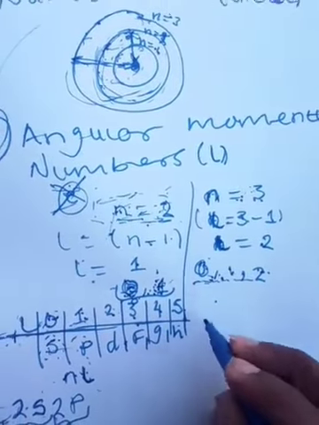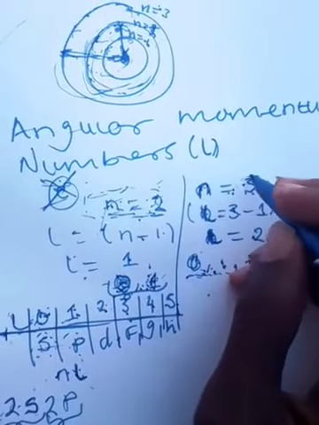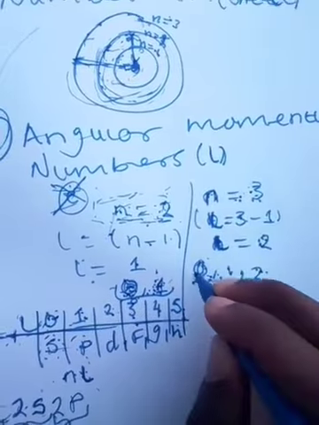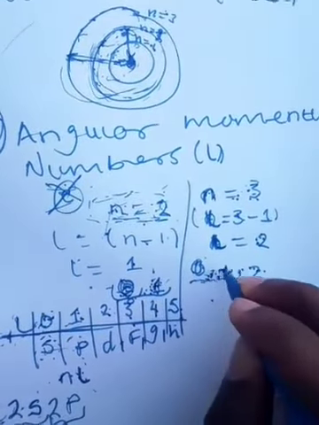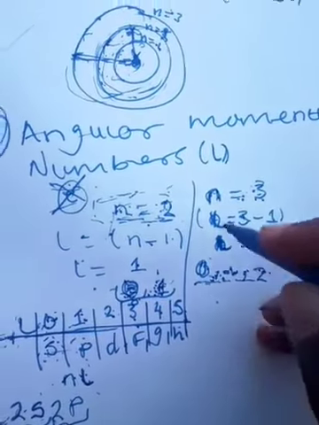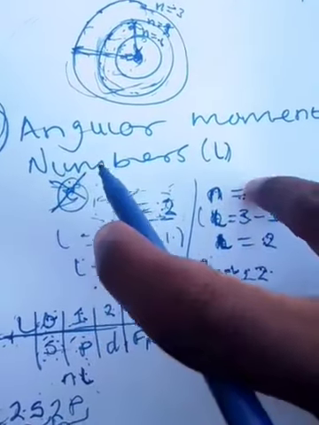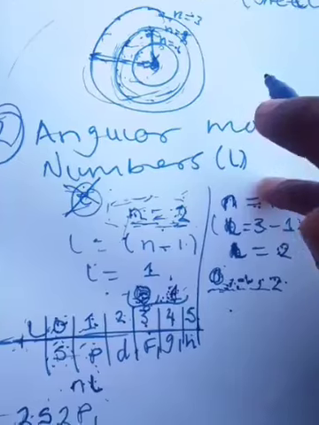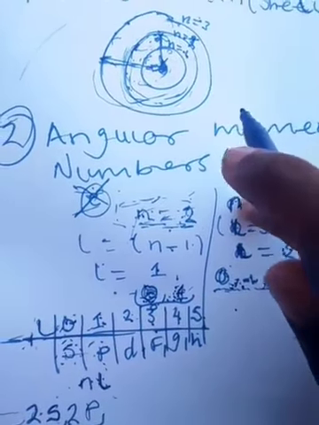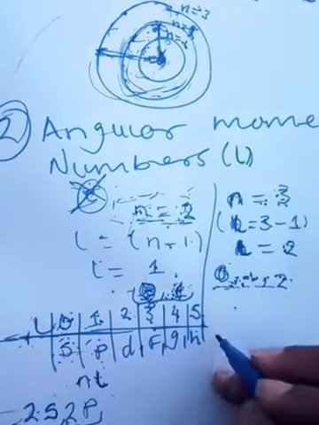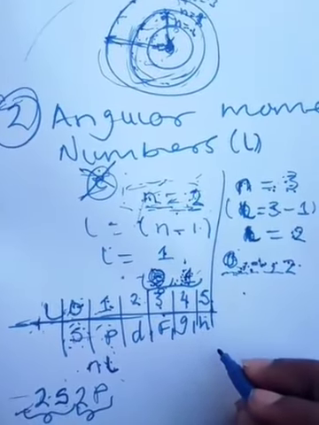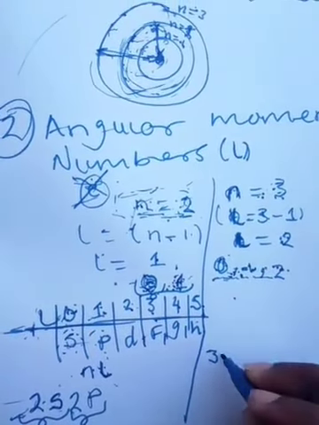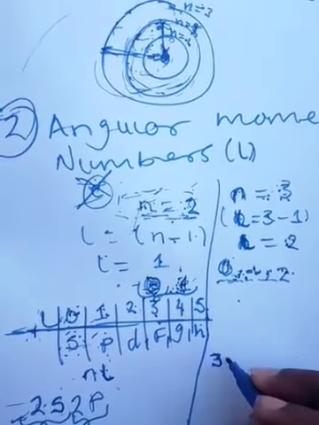So now let's come to this. Our n was 3, right? I subtracted 1, then I got 2, right? All these numbers that I got come as a result of subtracting 1 from n. So the value of n, representing the number of the shell, is going to be there when I start describing the subshells. First I'm going to write 3, which is representing the shell or the energy level.